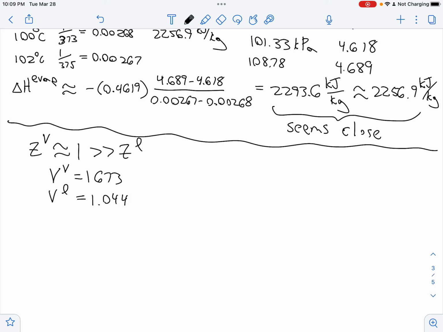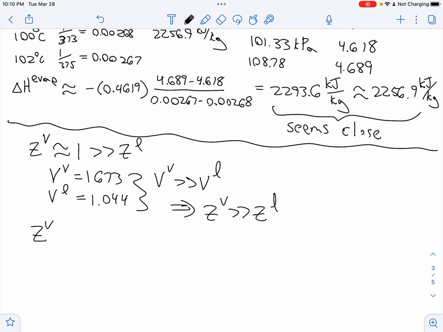Okay, so definitely V of the vapor is much greater than V of the liquid. It's 1,600 times, in fact, greater. And that seems like a good assumption. And that also means, since Z is proportional to V, Z of the vapor is going to be much greater than Z of the liquid by the same proportionality. Now we should test whether Z of the vapor is approximately equal to 1.